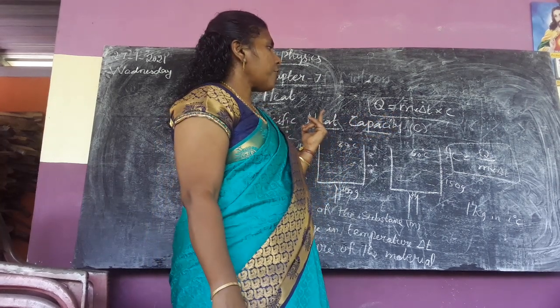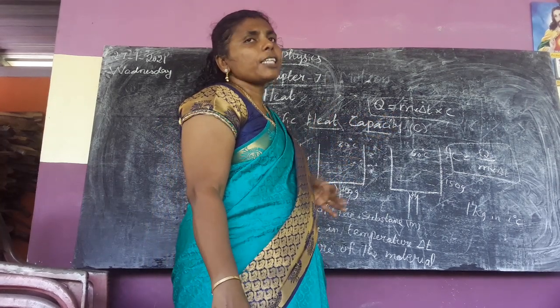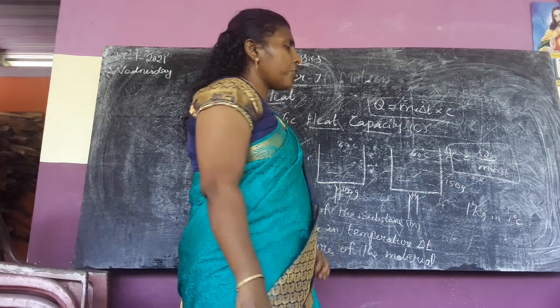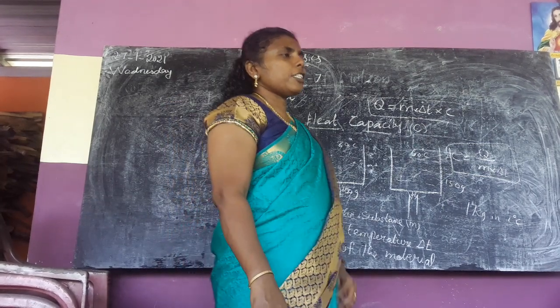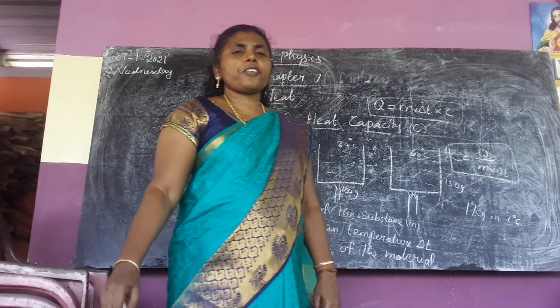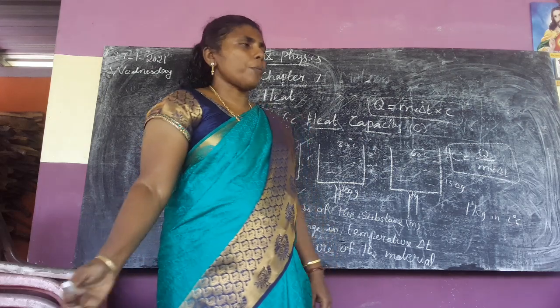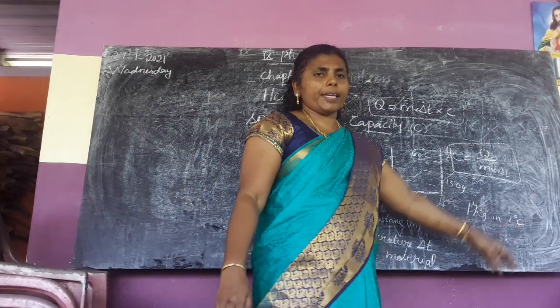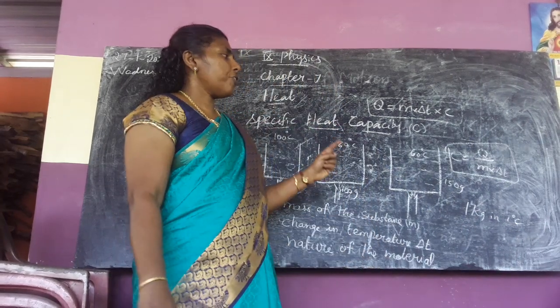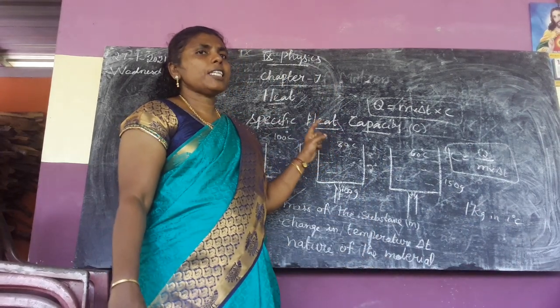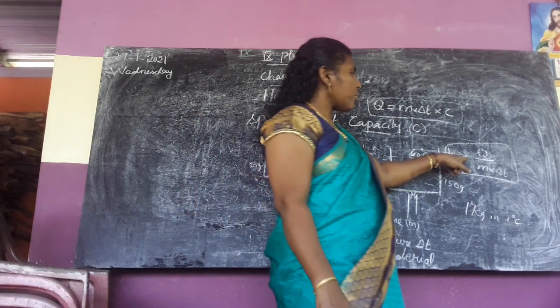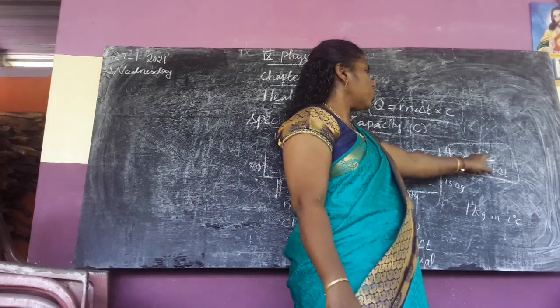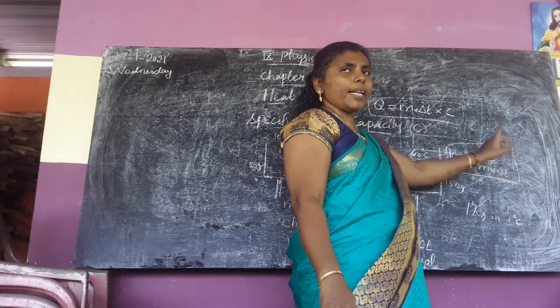This is the definition of specific heat capacity. And the formula for specific heat capacity: C equal to Q divided by M into delta T.